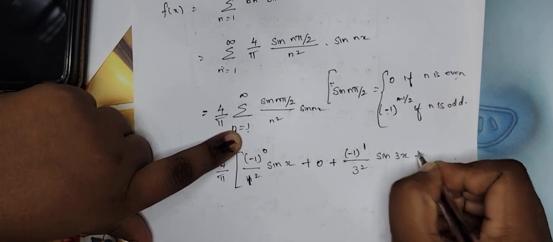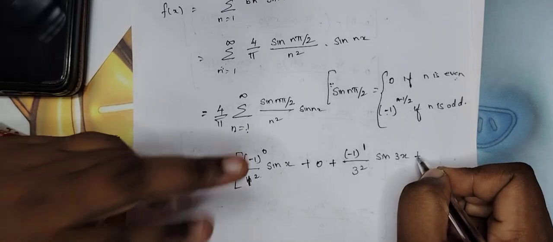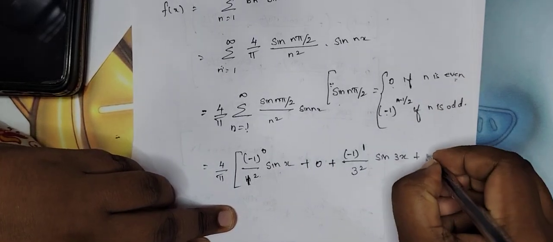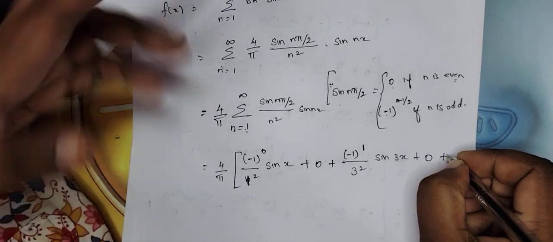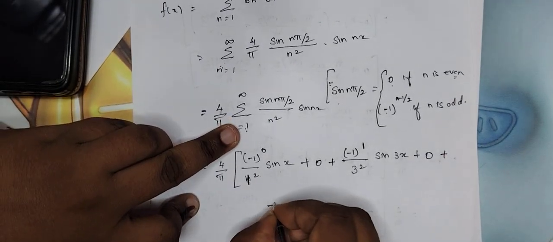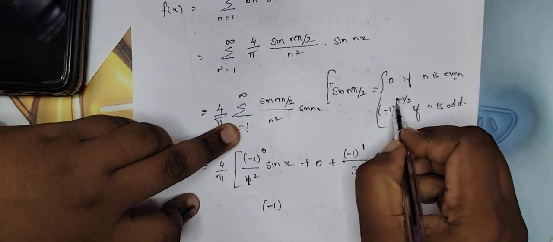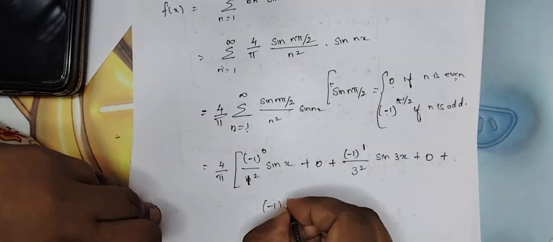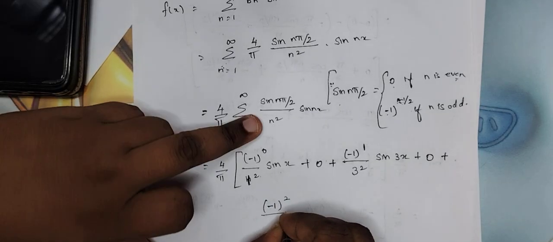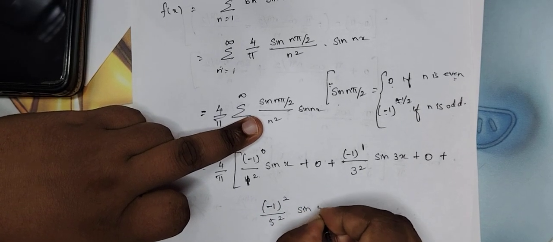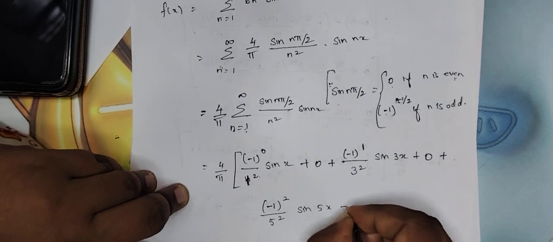The next term is n = 4. 4 is an even number, so the whole term will become 0. The next term, n = 5: (-1)^((5-1)/2), 5 minus 1 is 4, 4 by 2 is 2, so (-1)² divided by 5² into sin 5x, and so on it will go.